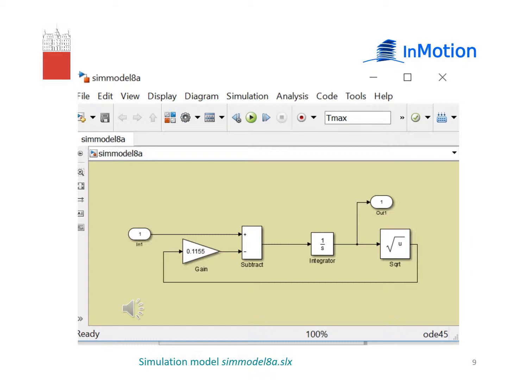Then one input port and one output port were added into the scheme, indicating the location of the model's input and output signal. These two elements can be found in the group Ports and Subsystems in the Simulink library.